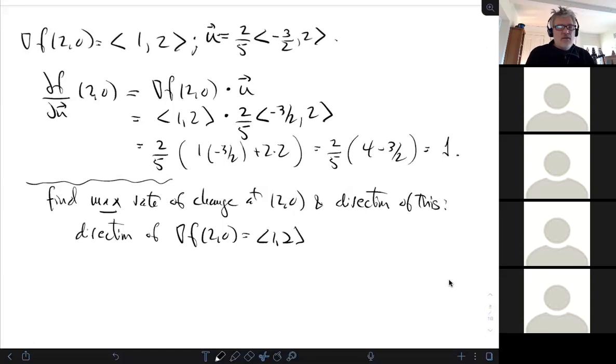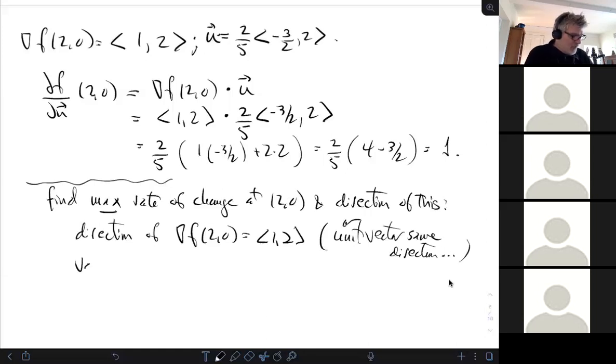Now, let's say you're doing WebWorK, they might insist on a unit vector in that direction, if required. I'm not sure if there's a question like that in the WebWorK, okay?